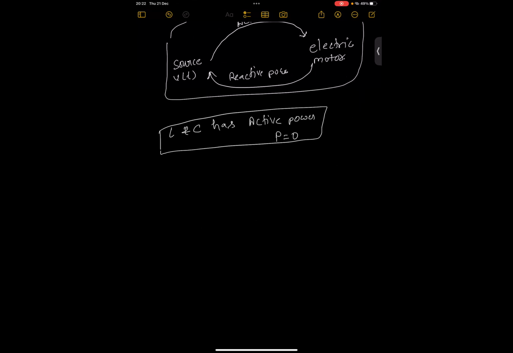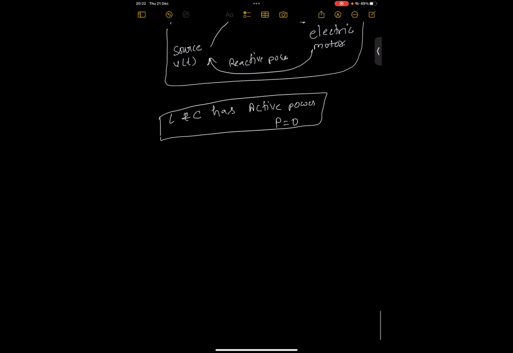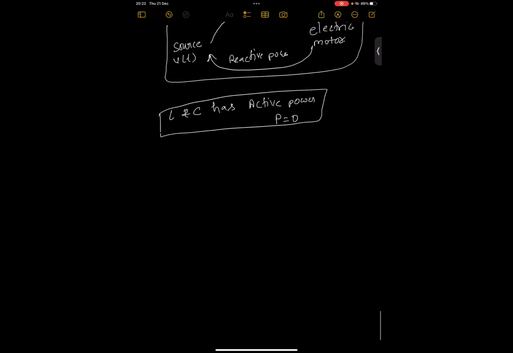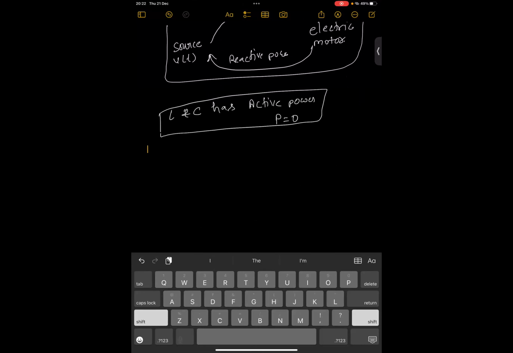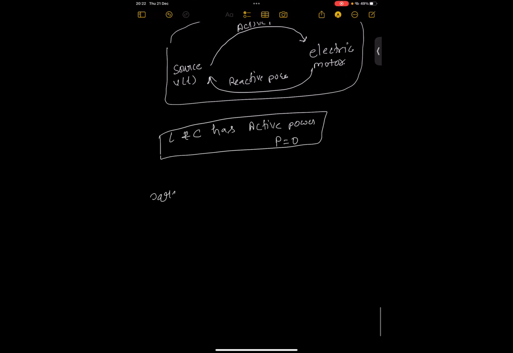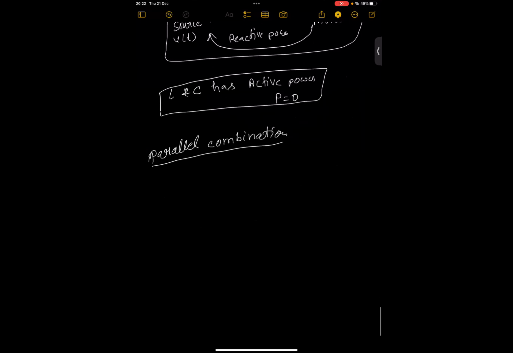Next slide. Suppose it is a parallel combination. The parallel combination is given here. That is, there is a voltage source plus minus V given.